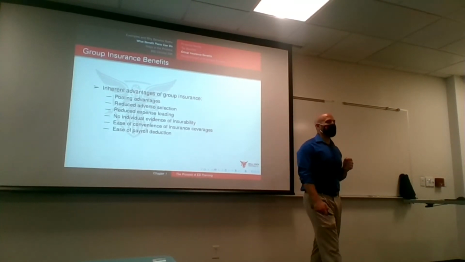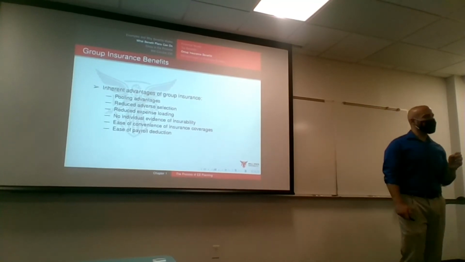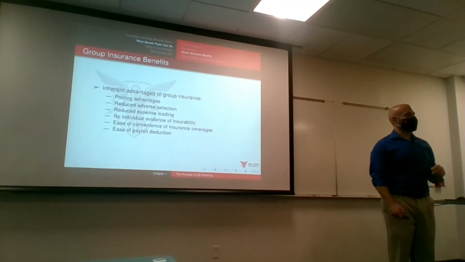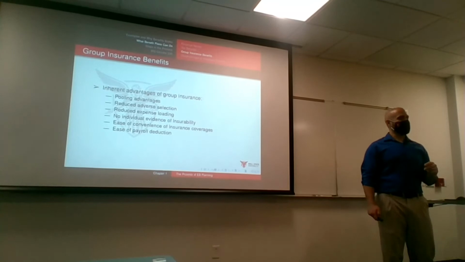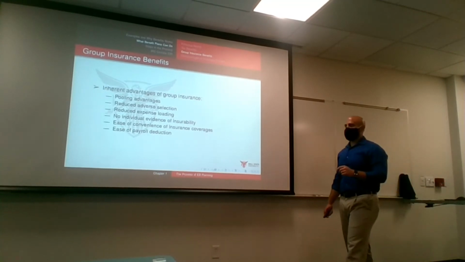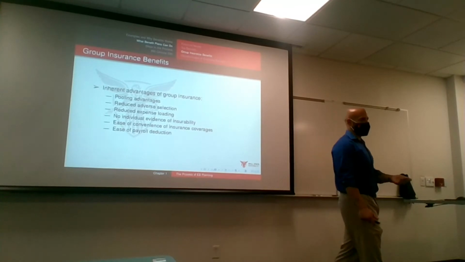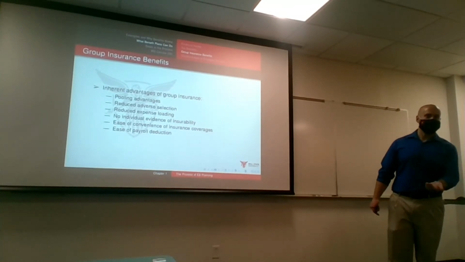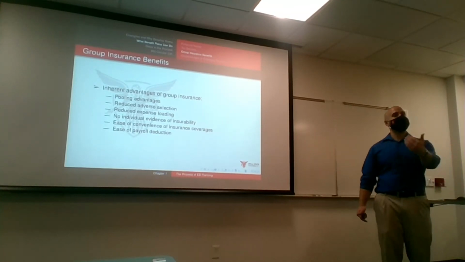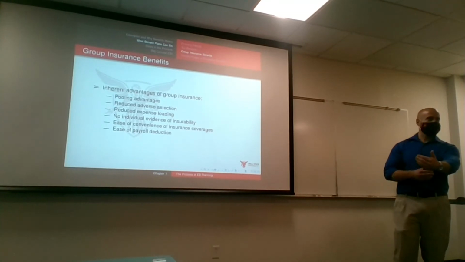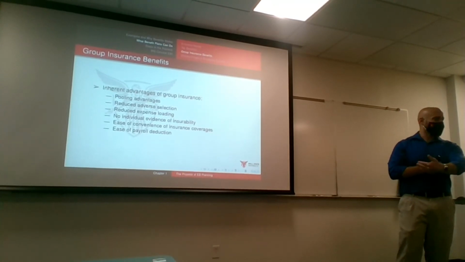On top of that, we see reduced adverse selection. So adverse selection, as we describe it here, is an individual opting in to a health insurance contract because they need health insurance. Okay, so they might be high risk and they're seeking insurance at an average risk premium or rate.